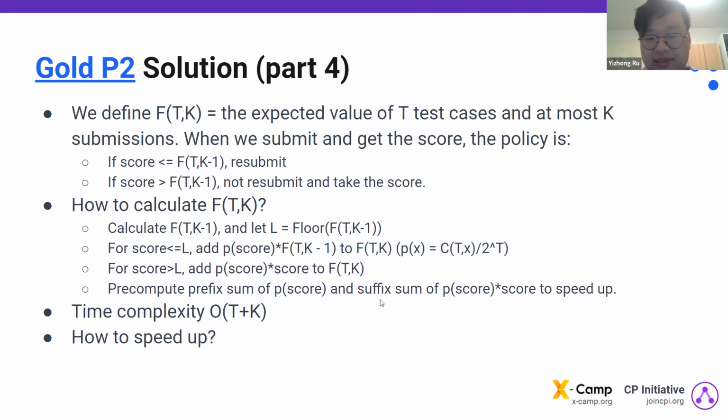So we can pre-compute the suffix sum of P score times score. Then the calculation of this part is O(1), right? But T is very, very large. It can be a max power of 10. So the complexity is O(T plus K), because we need to do each K one by one, right? So it's too slow. How to speed up?